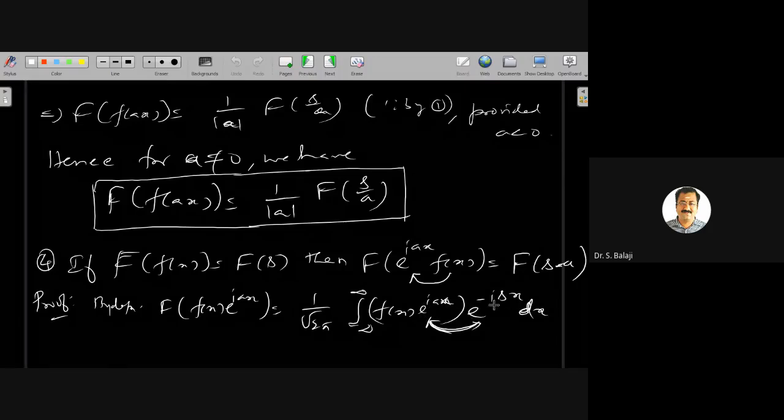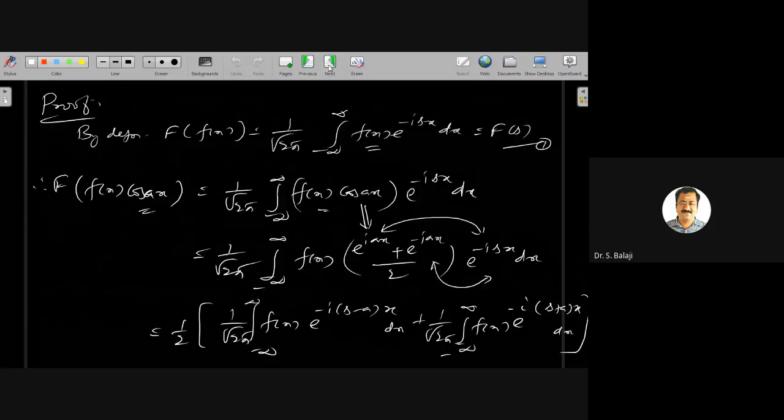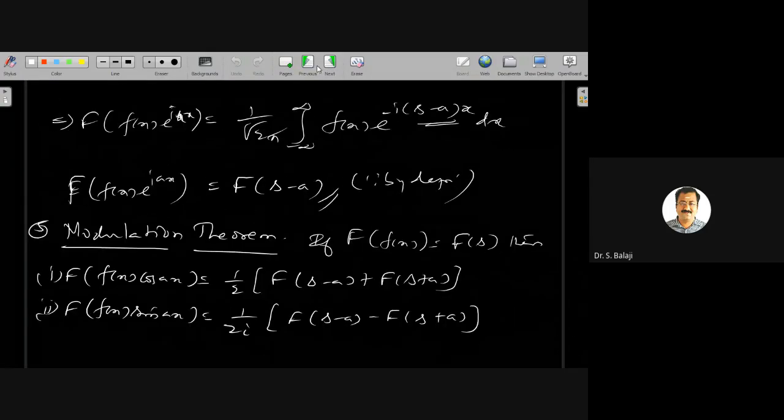You club this with the definition kernel, so you get the exponent minus i into s minus a, times x. If you want to use the definition, you take the minus i outside the exponential for minus i s minus a x. That's all.